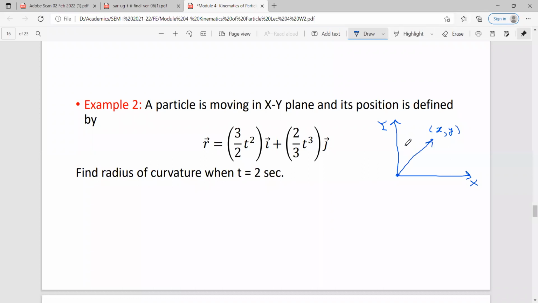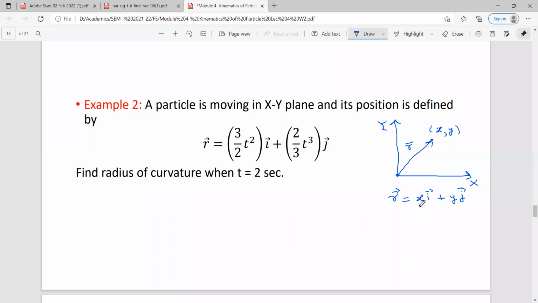This vector is known as r bar, and we define it like this: r bar is equal to x coordinate times the unit vector along the x direction, i, plus the y coordinate of the point times j bar or j cap, whatever you want to use.